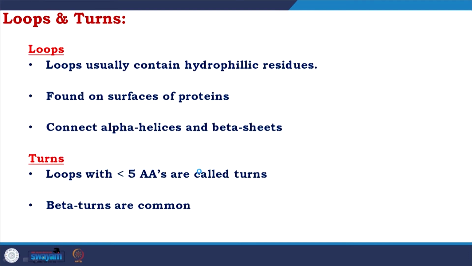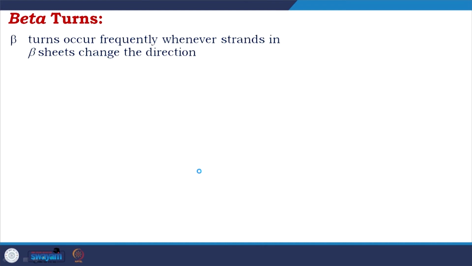Coming to loops and turns: loops usually contain hydrophilic residues, are found on the surfaces of proteins, and connect alpha helices and beta sheets. Loops with fewer than 5 amino acids are called turns. Beta turns are common. What are beta turns? Beta turns occur frequently whenever strands in beta sheets change direction.